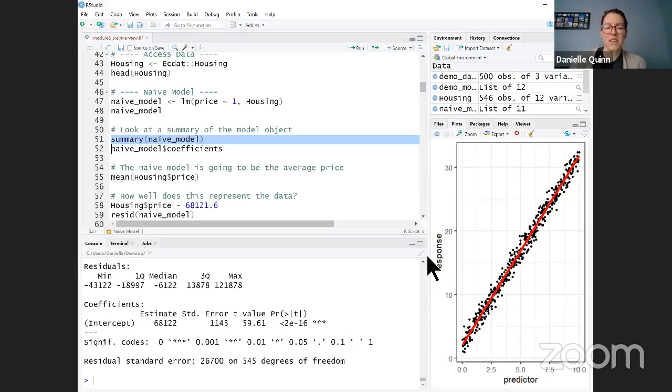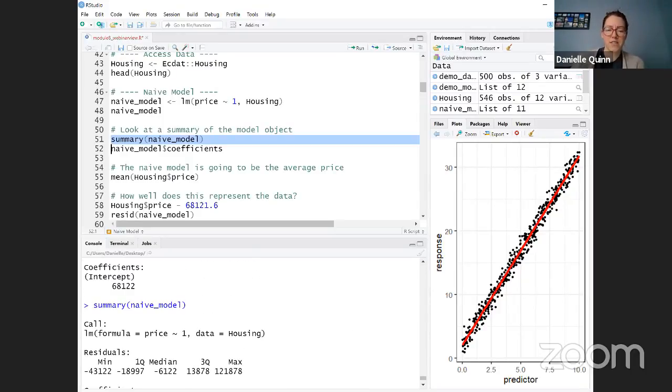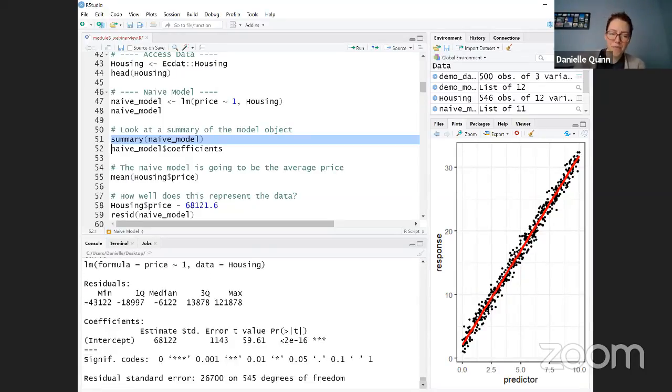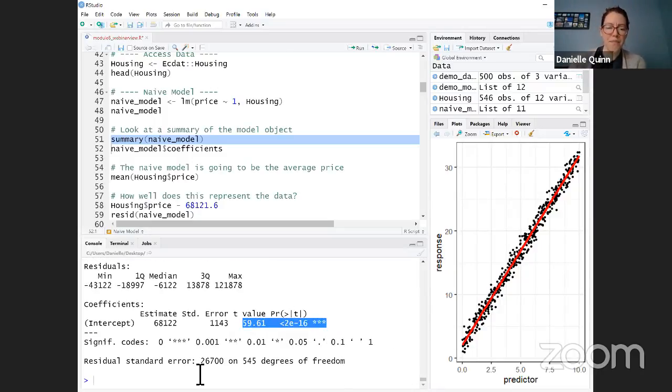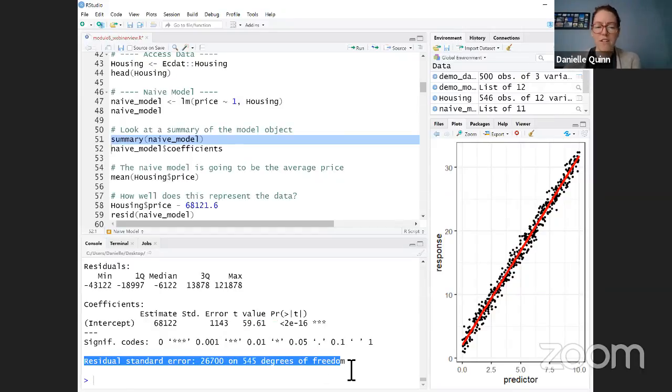That is going to give you a lot more information, as you can see printed out here. It'll give you information about the distribution of your residuals, about your estimate, also the standard error around that estimate, and then some other information that we will talk about a little bit later. Residual standard error, degrees of freedom. So there's a lot more information there.